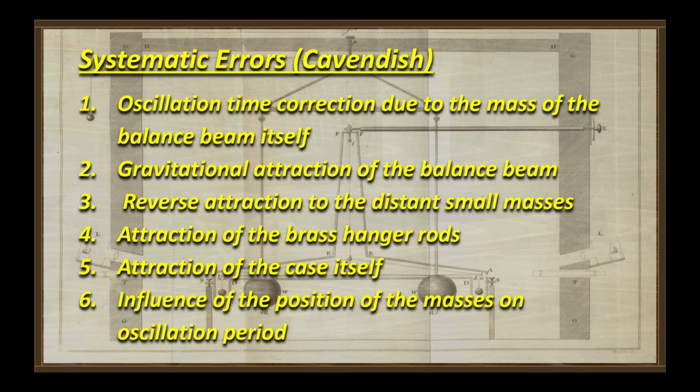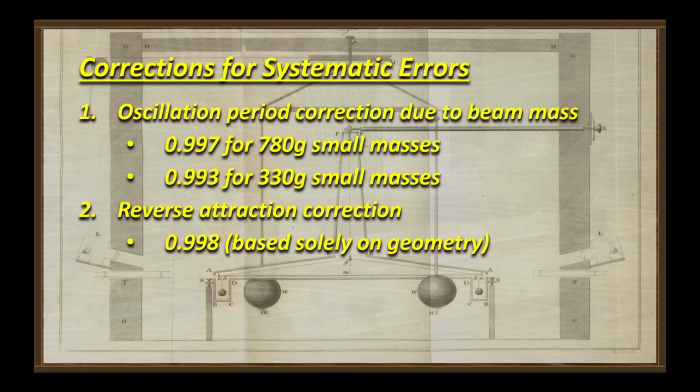So all of that has been taken into consideration, and it results in 2 corrections. One for the oscillation period correction due to the mass of the beam itself, and you see those here on the screen. Secondly, a correction for the reverse attraction to that small mass that is distant from the large mass. So you'll see these factors included in the spreadsheets that follow.